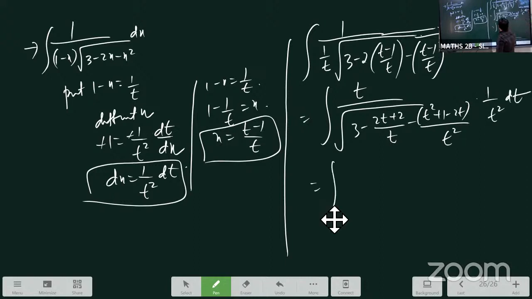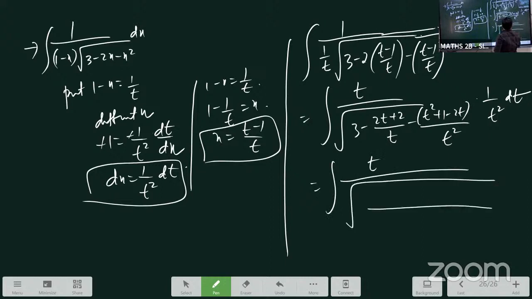Now take LCM inside the root, t square is your LCM. So 3t square minus 2t square plus 2t, because already I multiplied minus inside. Next, minus t square minus 1 plus 2t.